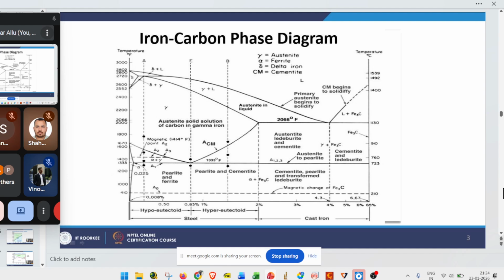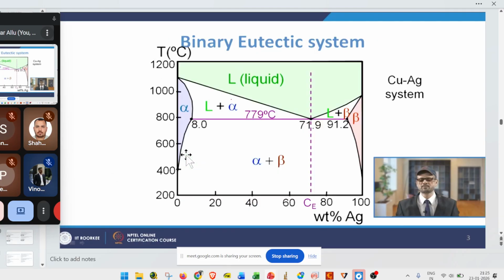Here in the x-axis it represents the amount of carbon percentage in the iron, and the y-axis is the temperature. Different kinds of phases form when the temperature changes. Those we can see from here.